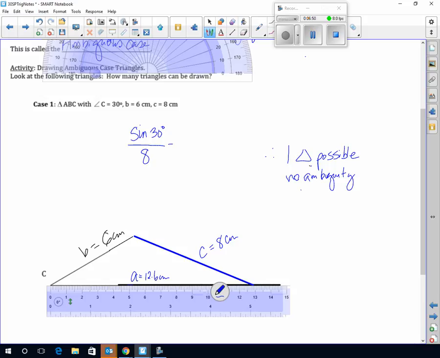Equals sine of B over 6. Yes? We did this for homework yesterday. We're going to cross multiply this over, and we're going to get sine B equals 6 times sine of 30 degrees divided by 8. And actually, we don't even need our calculator because we know what sine of 30 degrees is, don't we?